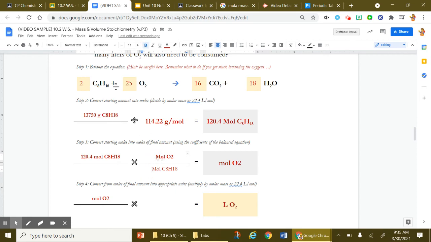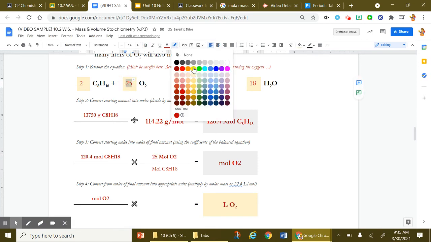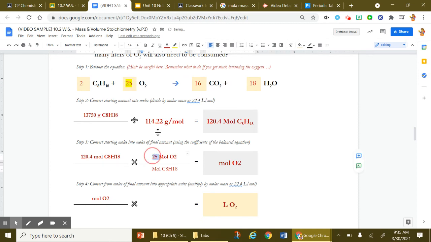Okay, the number for O2 is, believe it or not, 25. All right, that's a bigger number than you're used to. But then again, these combustion problems usually have weird balancing coefficients. All right, and on the bottom, C8H18, that's going to be 2 because that is the number from, again, the balanced chemical equation.